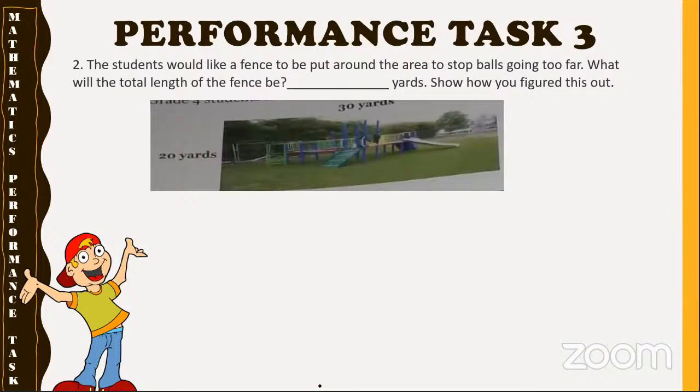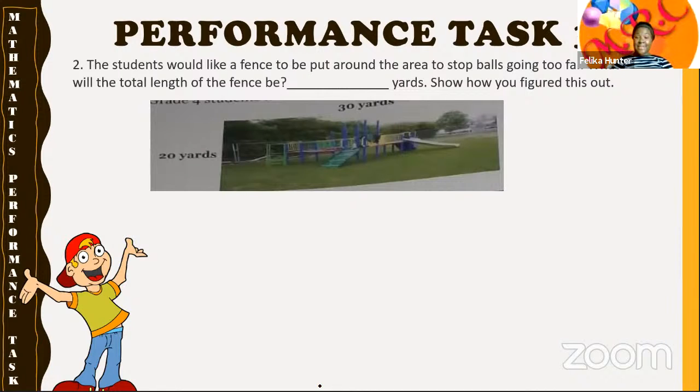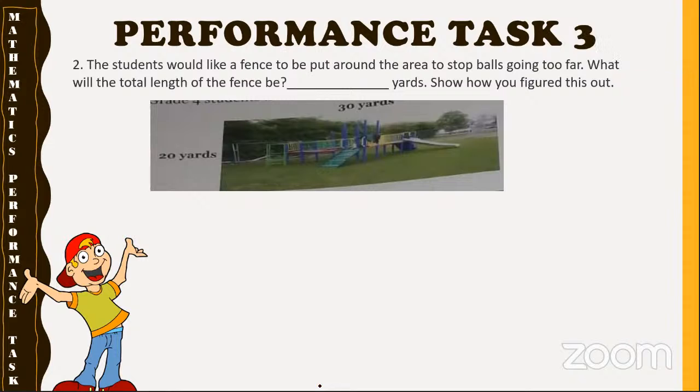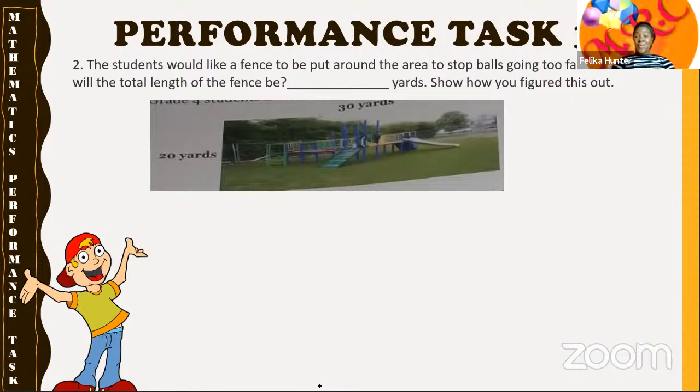What will the total length of the fence be? All right. Thank you, Carissa. That's yard. So how do you figure this out? Beautiful reading. Thank you. Well done.